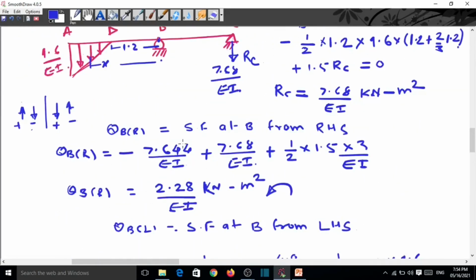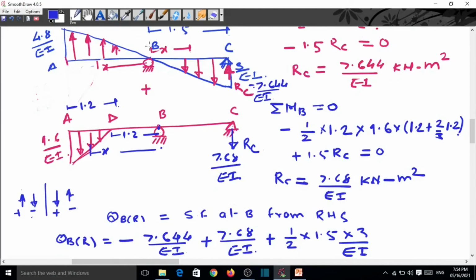So we are taking it from the left side. So bending moment at this B is from the left side also. For this B, we know this area of triangle. Now from the left side, this is positive.